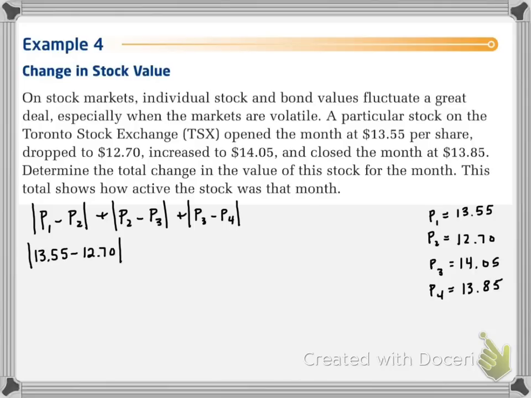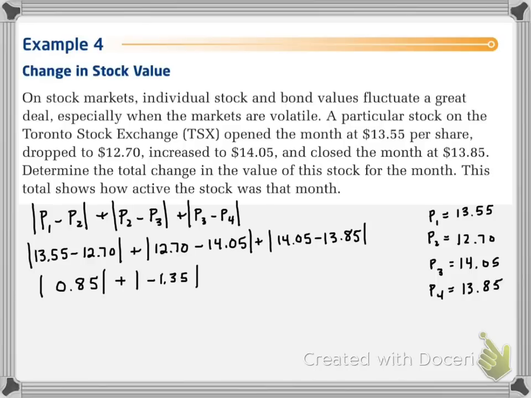So then I'm going to go 1355 minus 1270 plus 1270 minus 1405 plus 1405 minus 1385. Now I'm going to get 85 cents for the first change, negative $1.35 for the second, 20 cents for the third. So when I get a total change, they're all going to be positive numbers, 0.85 plus 1.35 plus 0.20, or a total change in value for the month of $2.40.